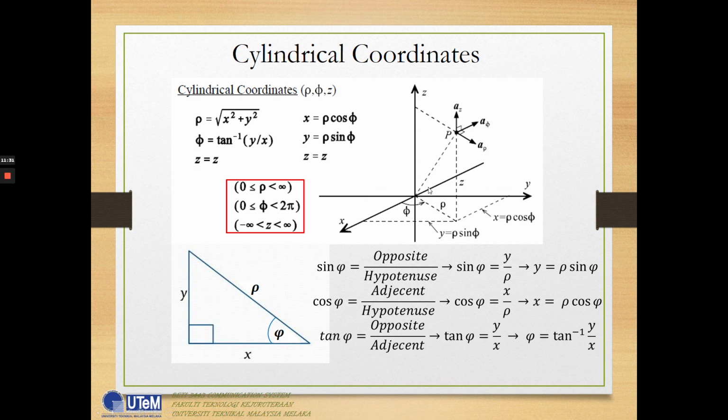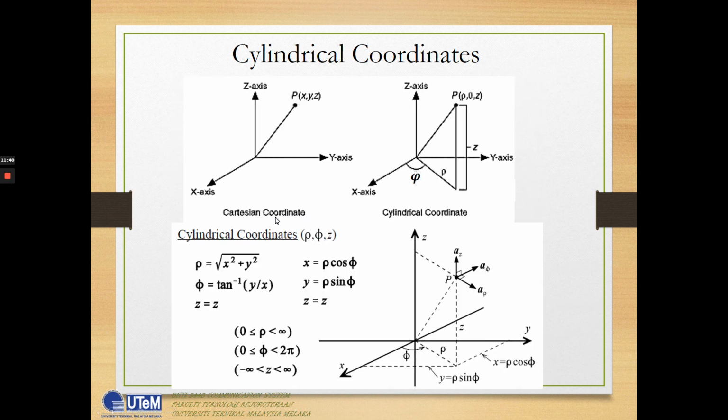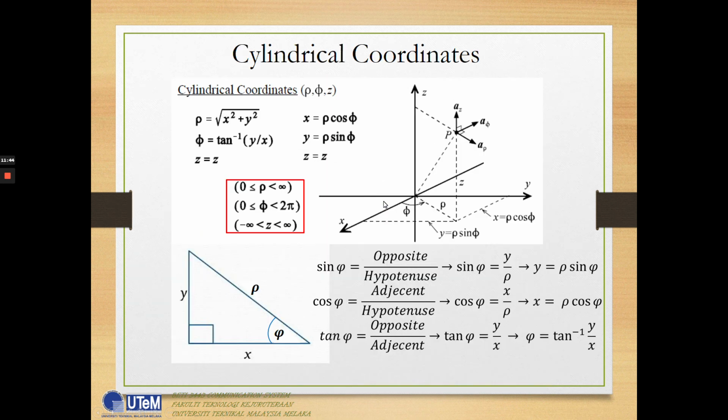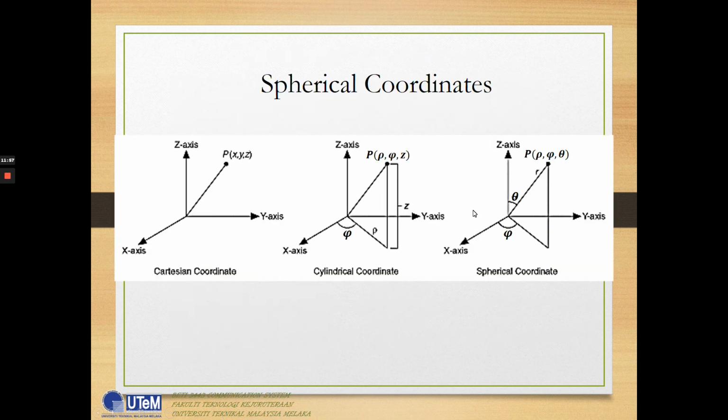And the phi value can be anywhere, 0 to 360 degrees, that is 2 pi, right? And the z value, as we knew already, is unchanged, so it can be any plus or minus value. So that's how we got the cylindrical coordinates.